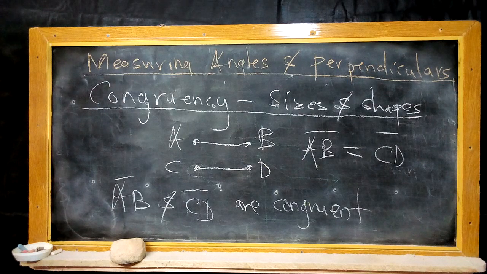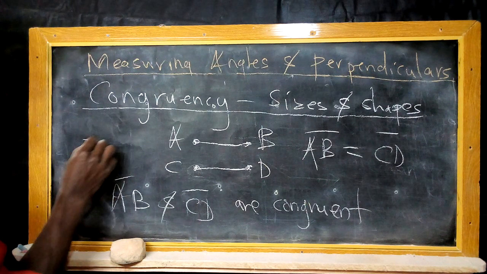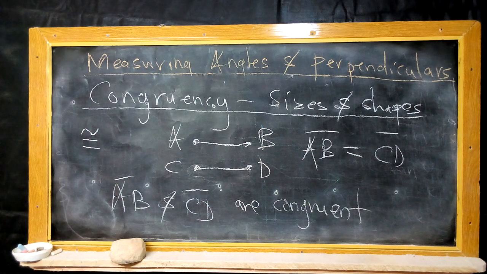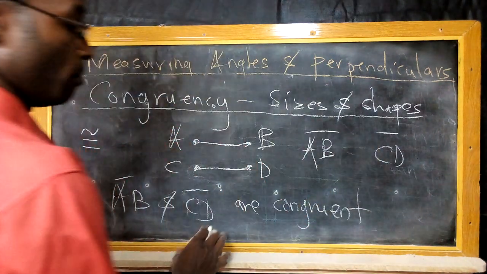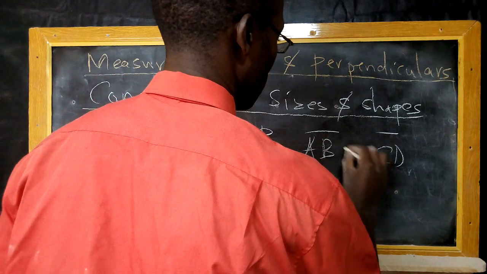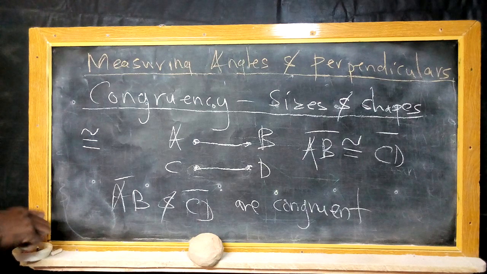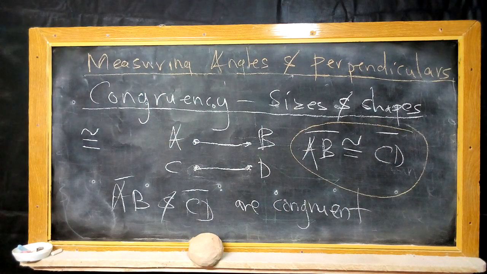And there's a symbol that we use to denote that. So we use this symbol that looks like an equal sign, but with another line over it. Now in that case, when we come across a relationship that has been given using that symbol, then we're going to note that that symbol represents congruence. So when we're saying AB is congruent to CD, that is the symbol that we are going to use to denote that.